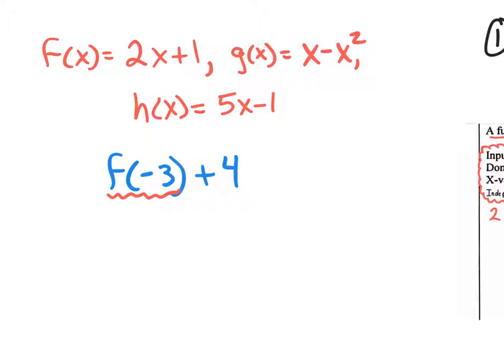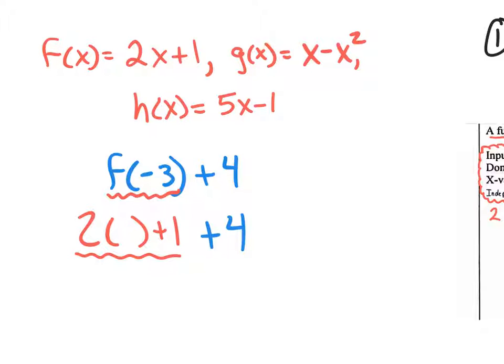And that's really going to be your f function up here, 2x plus 1. Let me rewrite that. 2x plus 1. There's my f of x function. And then at the very end, once I get an answer to this whole thing, then I'm going to add 4 at the very end. Okay? And what is it that I'm plugging in right here?